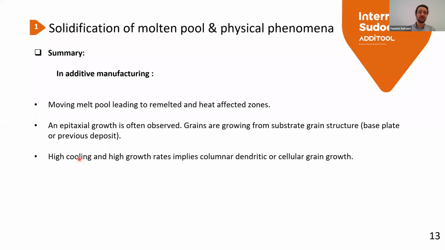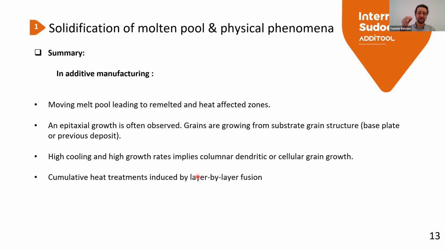And we have both high cooling rates and high growth rates, implying thin dendrites or even thinner cellular grain growth. We have late heat treatments in these previous layers.